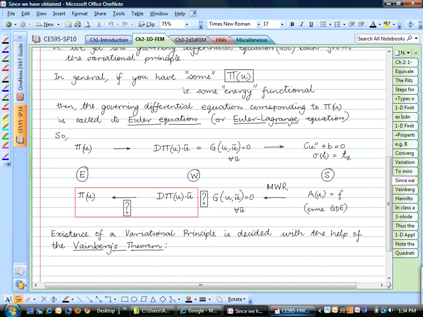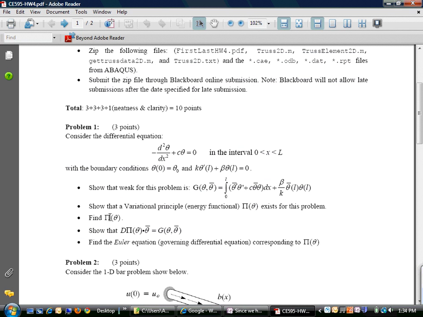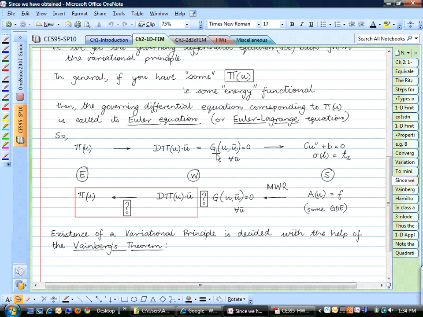So once you have this pi functional, you can minimize it and find out that this is the same G that you got in the first part itself. Once you have this G, you can go back and calculate the governing differential equation, which is also called the Euler equation, corresponding to this. Now this step to this step was the reverse integration by parts to unbalance the derivatives. Okay? Does that sort of make sense?